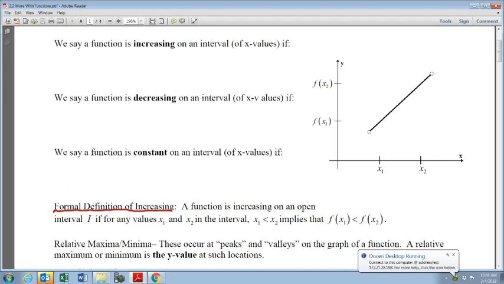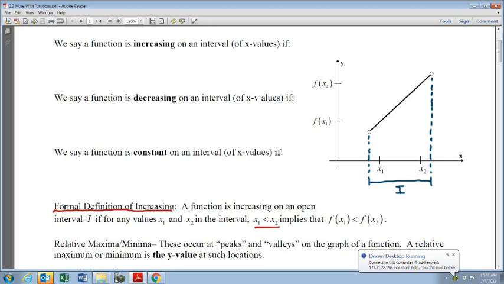So let's look at the picture to help you understand this here. So first of all, we're looking at some interval. This is our I here, our interval I. Notice x sub 1 and x sub 2 are in this interval. And you can also see that x sub 1 is less than x sub 2 because it's to the left of x sub 2.